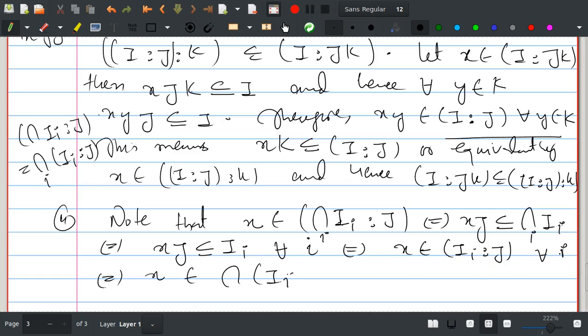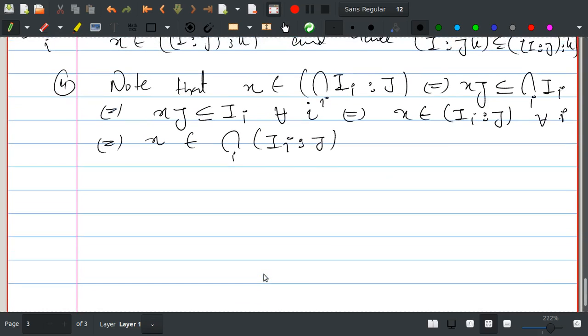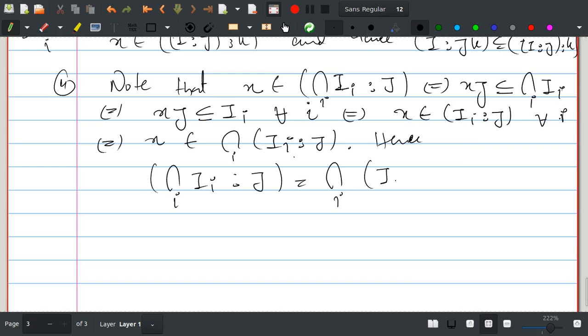So this proves the fourth item. This is an if and only if condition, so the intersection of these ideals colon j is actually the intersection of these colon ideals.